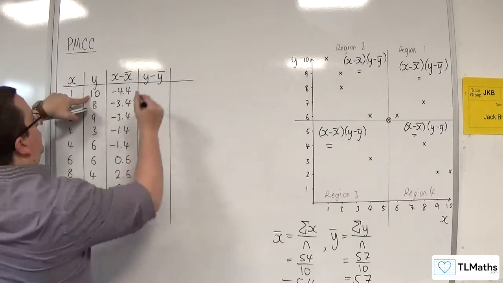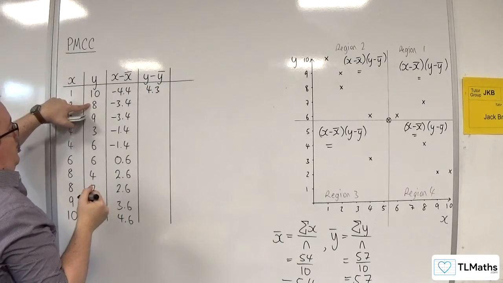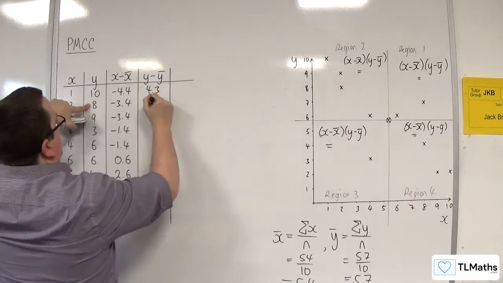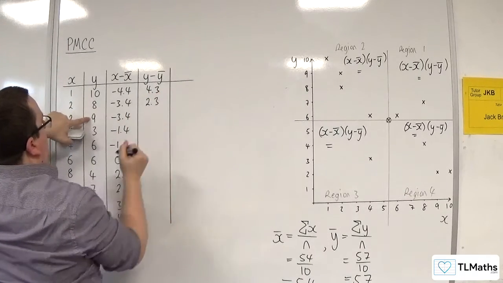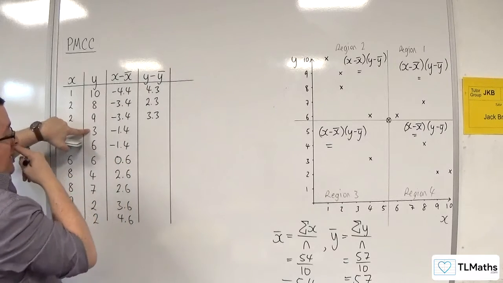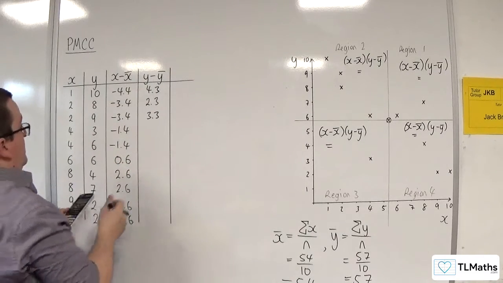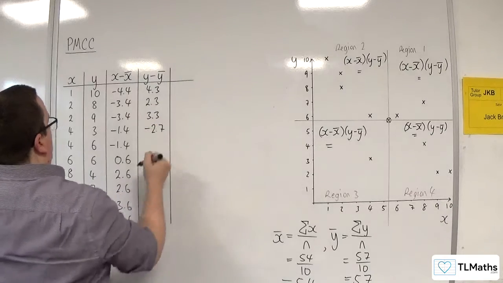And then for y take away y bar, we'll have 10 take away 5.7, so that's going to be 4.3. Then 8 take away 5.7, so that's going to be 2.3. Then 3.3. Then 3 take away 5.7, so minus 2.7.